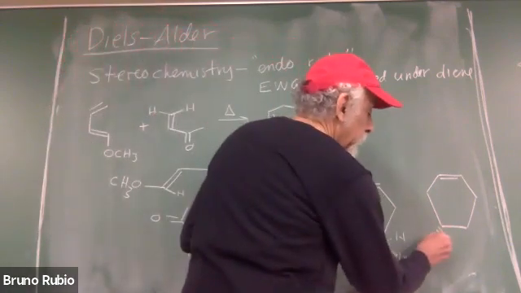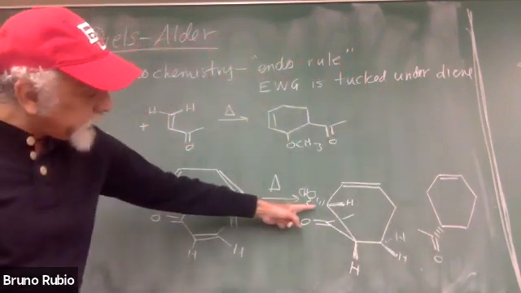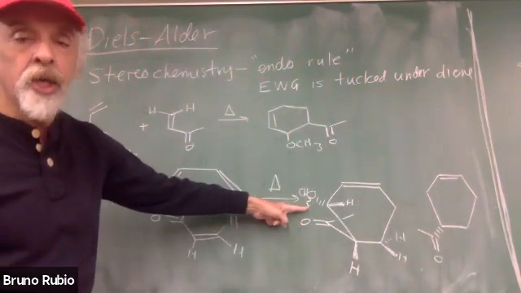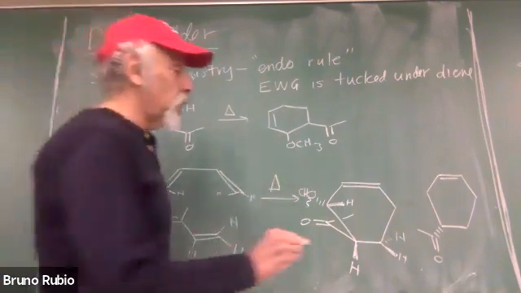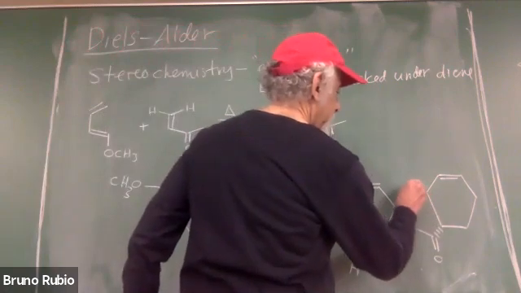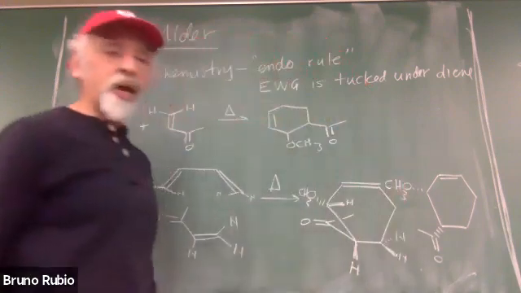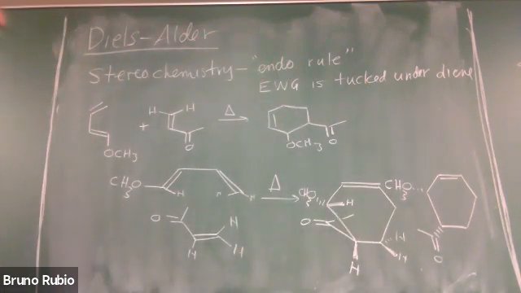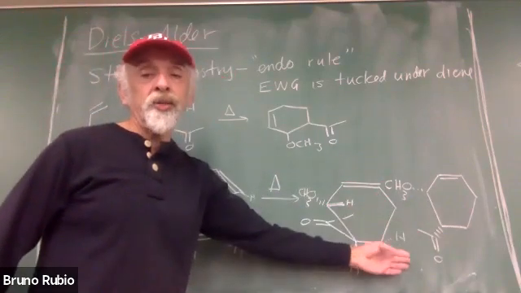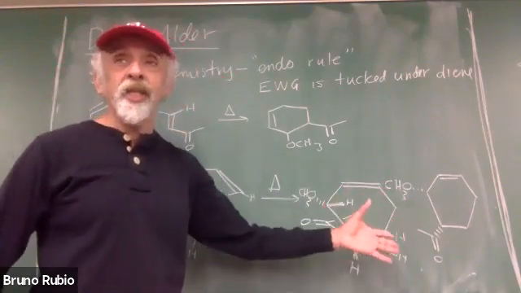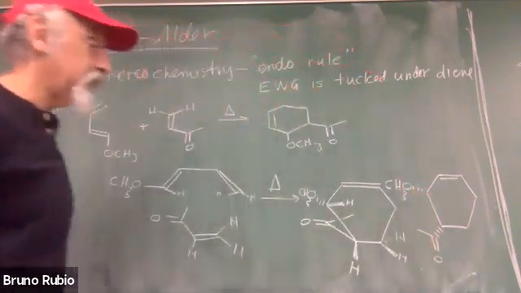I'm going to show that on a dash. Pre-existing electron donating group of the diene also on a dash. Sorry, everything got kind of crowded here, but I have to. So this is the relative stereochemistry. You see how they both came out on dashes. That doesn't always happen, but that happened in this case.